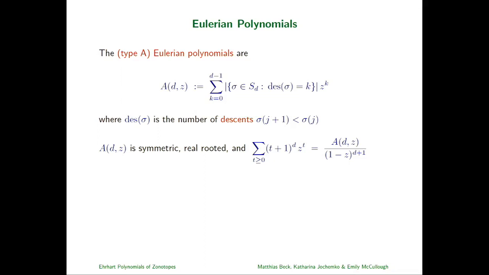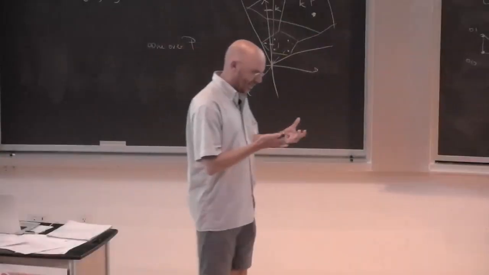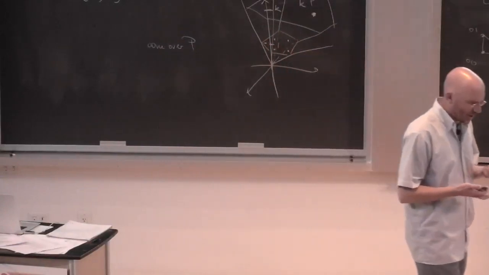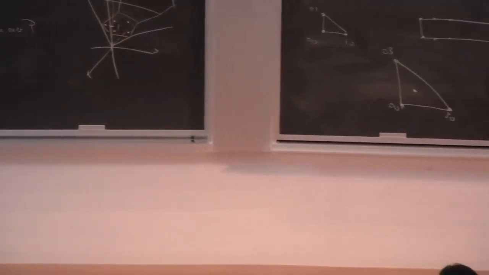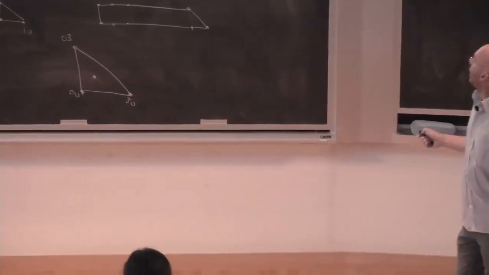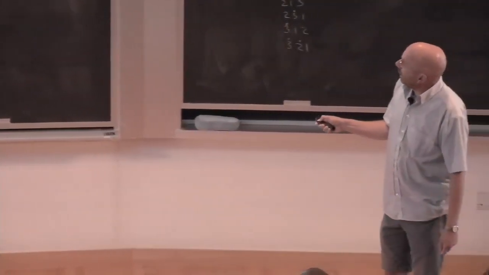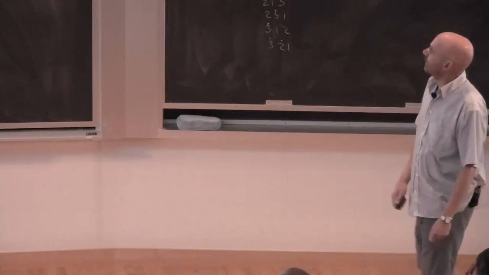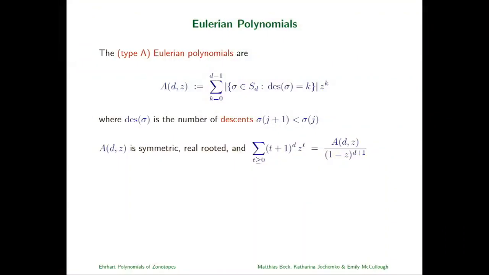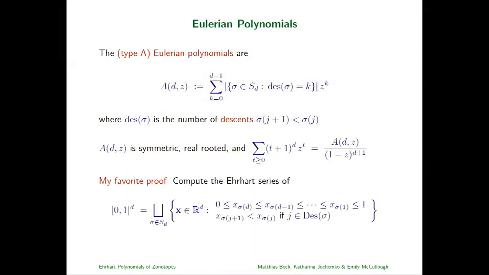So if you take the d-dimensional unit cube and think about the Ehrhart polynomial, this is what you're going to get. And so here's your connection. By saying we can understand H star polynomials of zonotopes through Eulerian polynomials, we can use the fact that Eulerian polynomials are real rooted, and that gives the first theorem that I showed you.